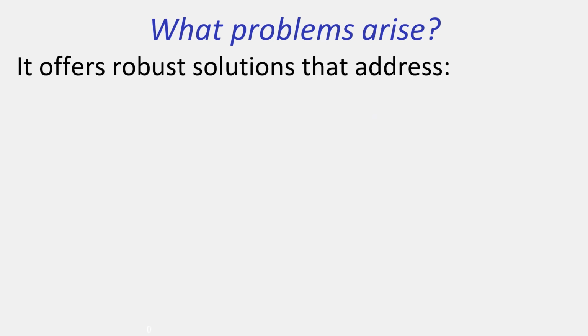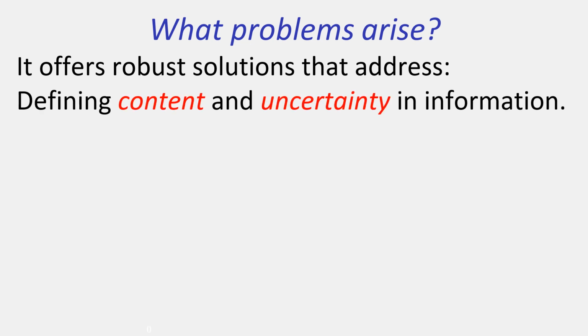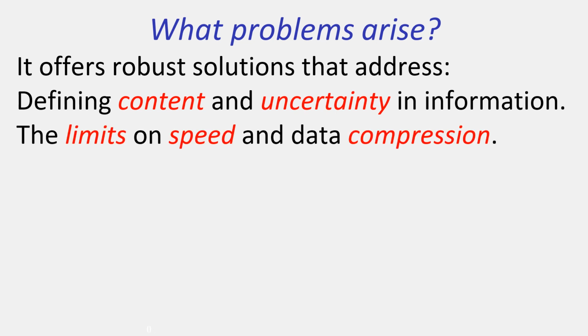It offers robust solutions that deal with defining what one means by the content of a message, by the uncertainty of the information. It looks at the limits on speed and the limits on how much you can compress data.